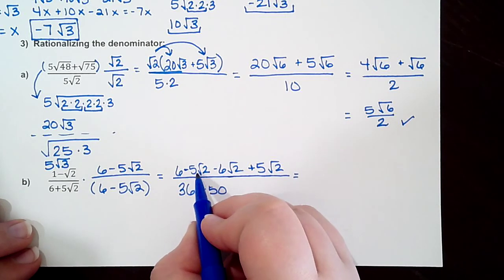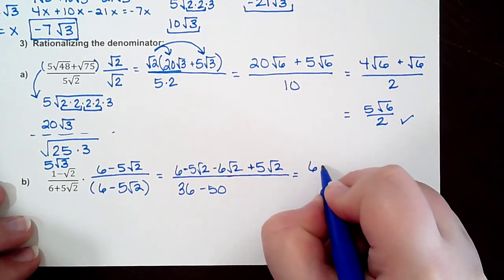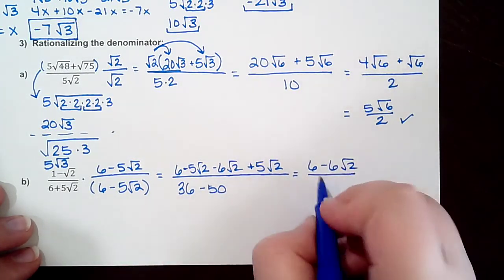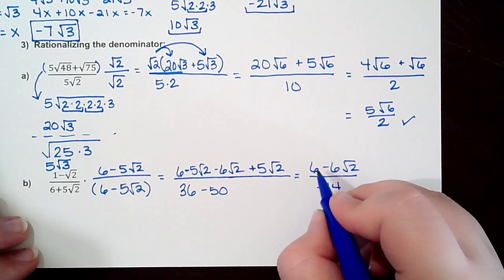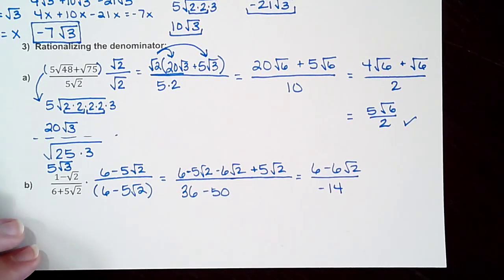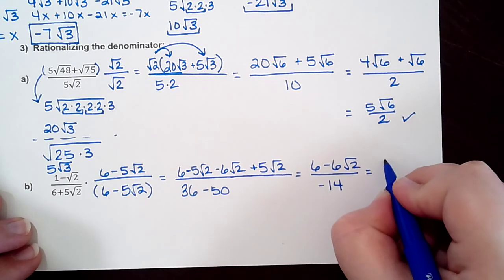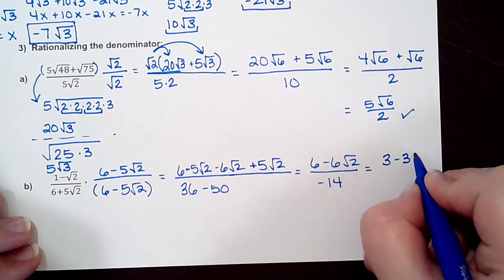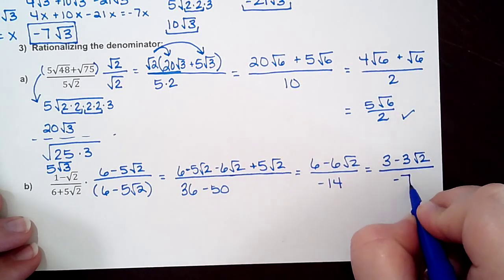The negative 5 root 2 and the positive 5 root 2 cancel off, so we're left with 6 minus 6 root 2 over 36 minus 50, which is negative 14. All of these terms, this first term, second term, and denominator, all have a 2 in them, so I'm going to divide that out as a GCF, so that I'm left with 3 minus 3 root 2 over negative 7.